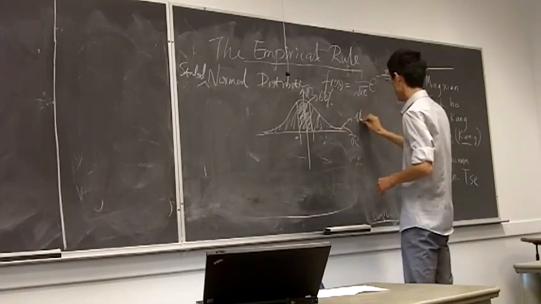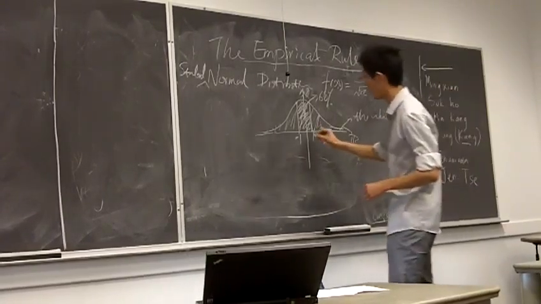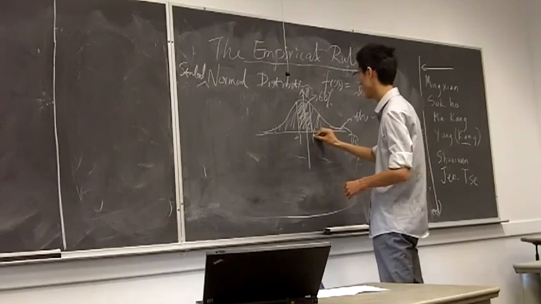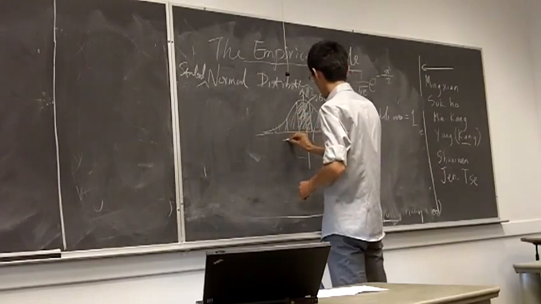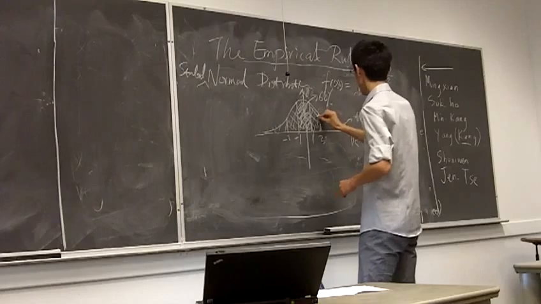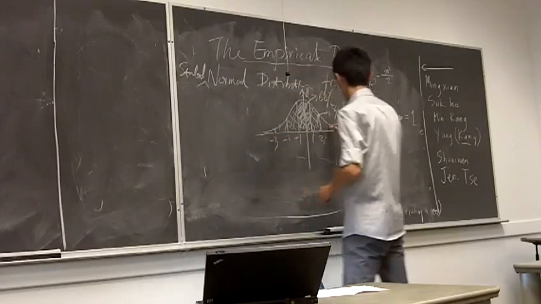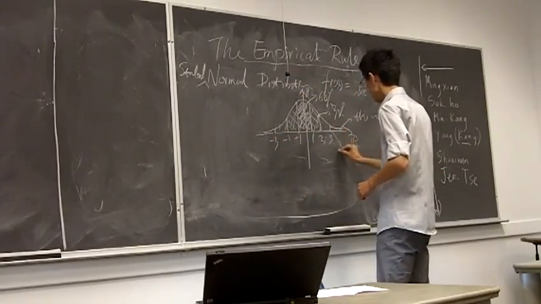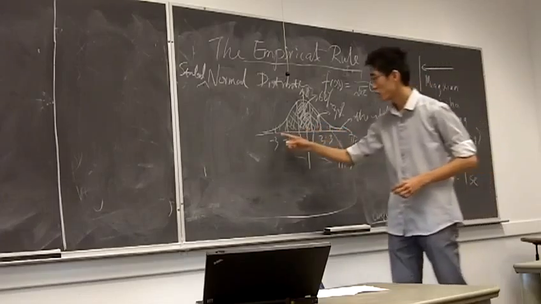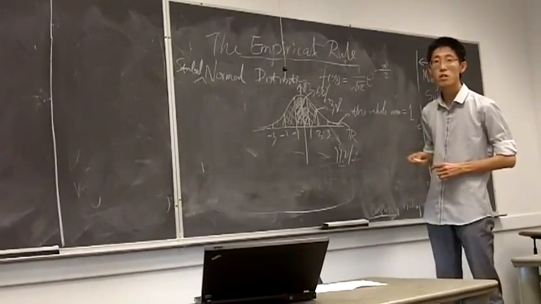So the whole area equals 1, the shaded part from -1 to 1 is 68%, from -2 to 2 is 95%, and the area from -3 to 3 is 99.7%. And actually, these three numbers are called the empirical rule. But why is it?